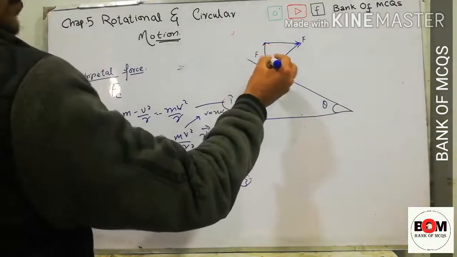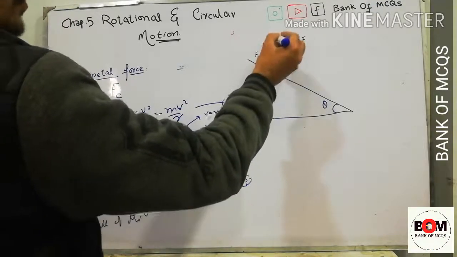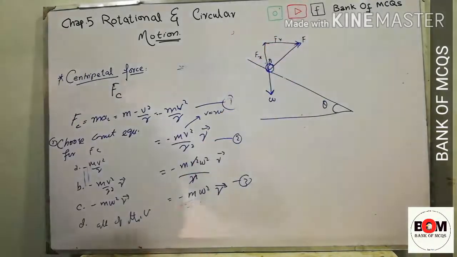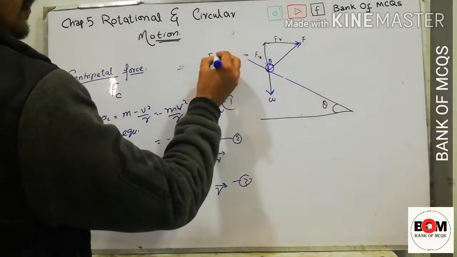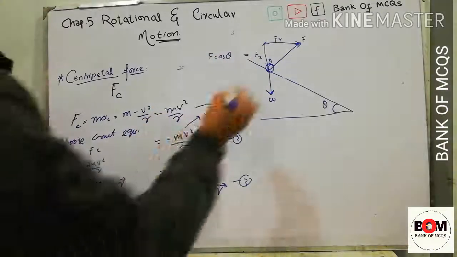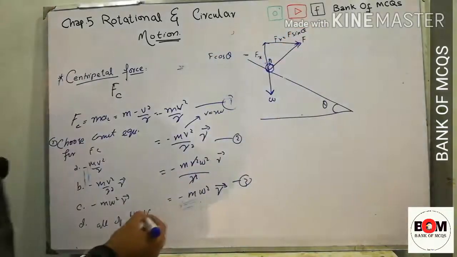The component near the angle is Fx, while the component far from it is called Fy. So here Fx is equal to F cos theta and Fy is equal to F sin theta.